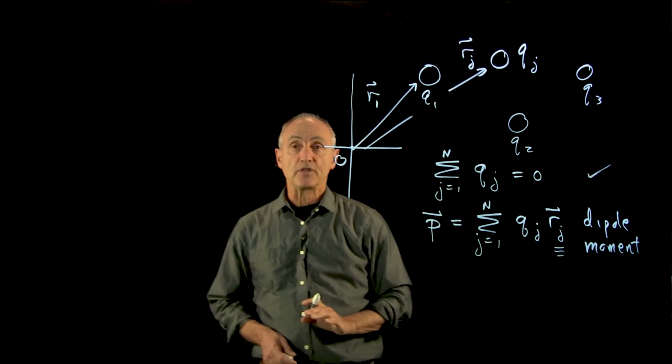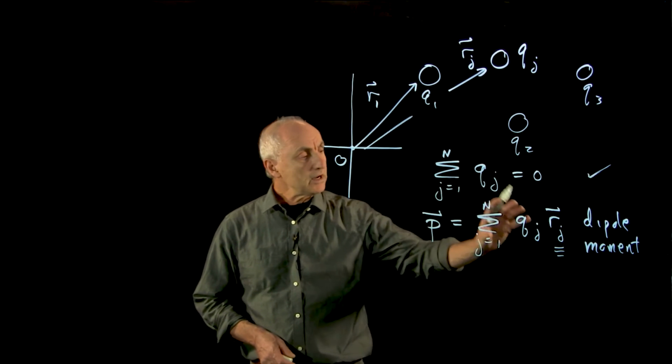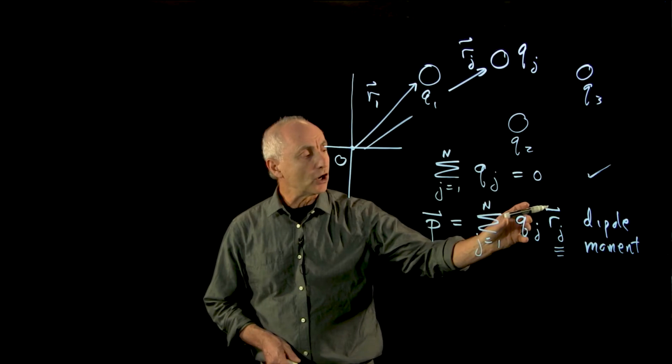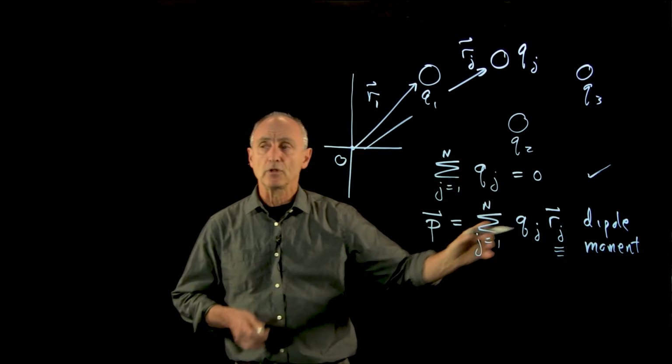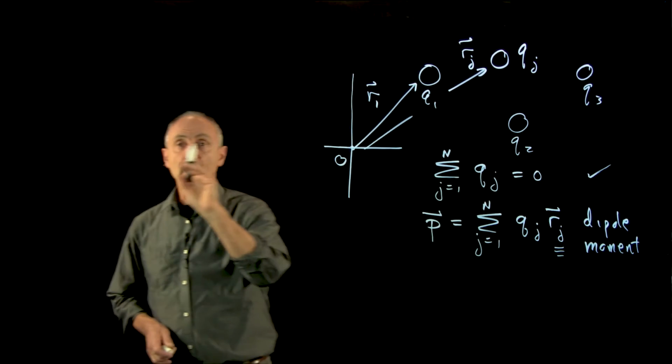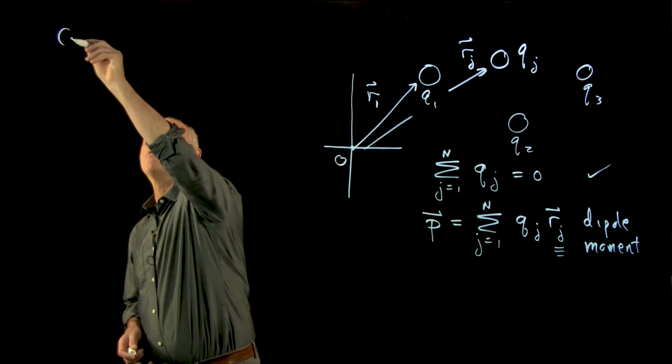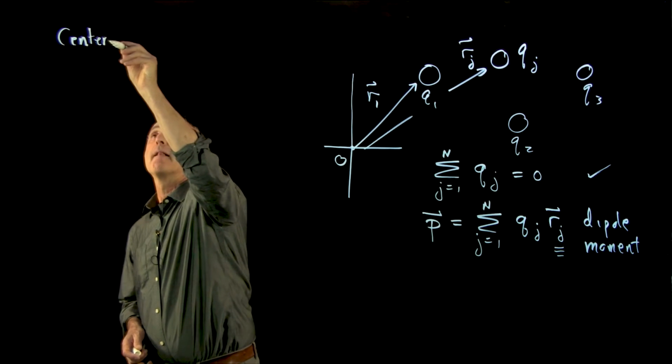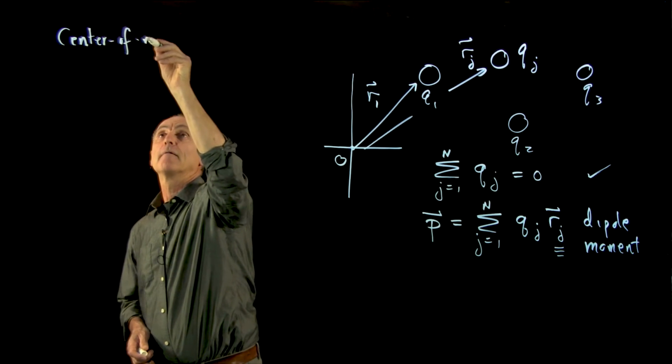The second thing that we should think about is, what is the meaning of multiplying charge by some vector location? And I think you've seen that before when we talked about the center of mass.